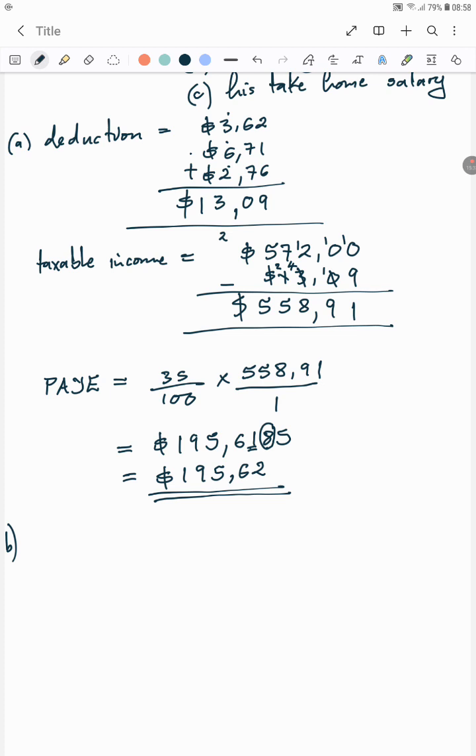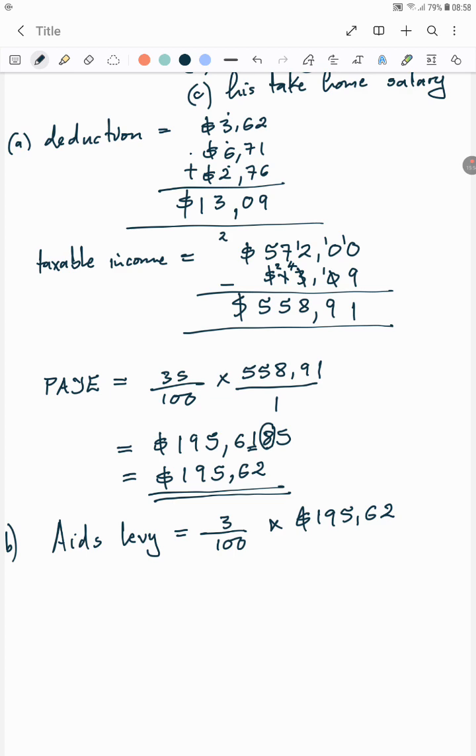Okay, and part B says calculate the AIDS levy, and AIDS levy is 3%. It's 3% of PAYE, which is $195.62.